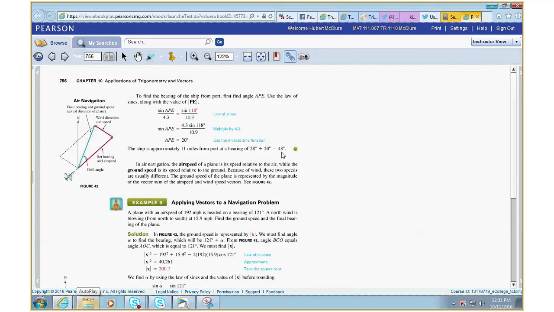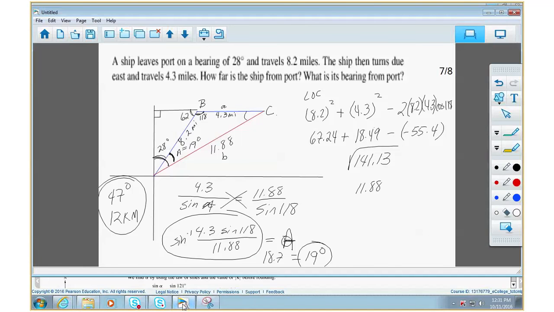What do we get? Okay, I got 48. They got 48. I thought I got 48. Okay, 47 degrees. It must be a rounding. Y'all must not have rounded or took it far enough. That's fine. It's close enough.